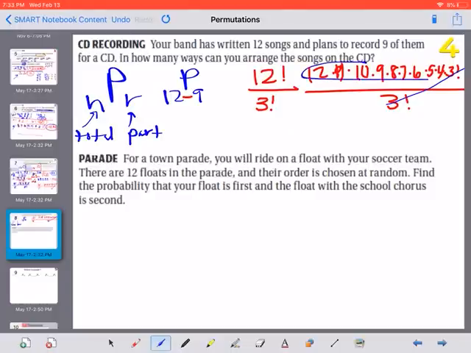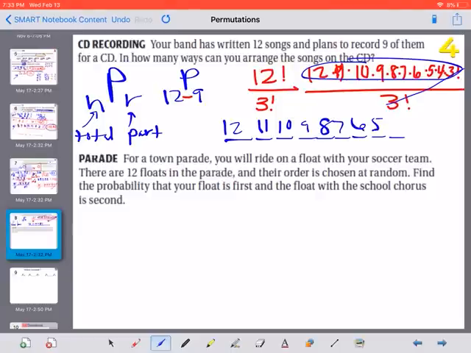So we have to multiply all of these numbers. It's the exact same thing as thinking we have 9 spots to fill, and we have 12 songs to choose from, then only 11, then 10, 9, 8, 7, 6, 5, 4. The 3 got canceled out because there's 3 spots that we don't even care about.